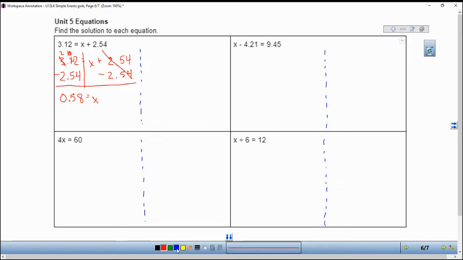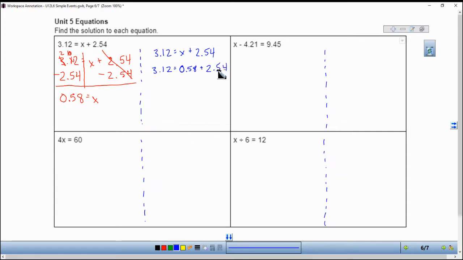So next we're going to check it. This is our check. The first step in the check is to rewrite it: 2 54/100. Second step is to substitute the 58/100, which is what we had for x, and then add 2 54/100.